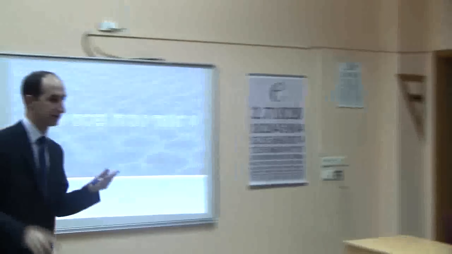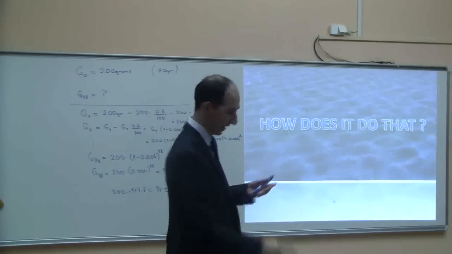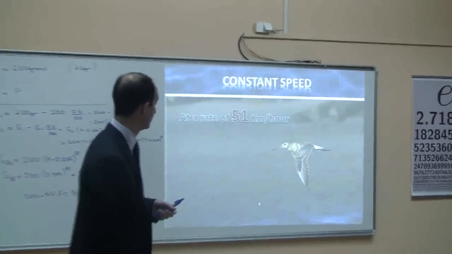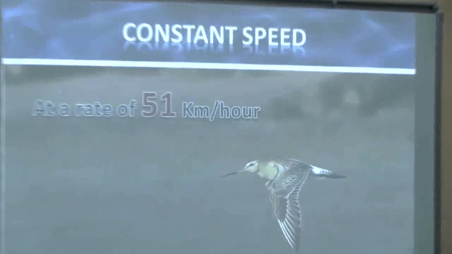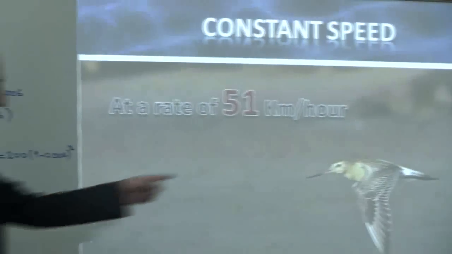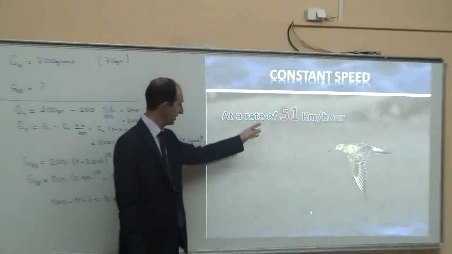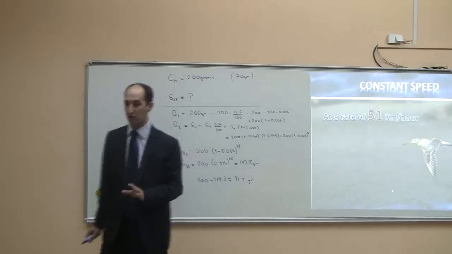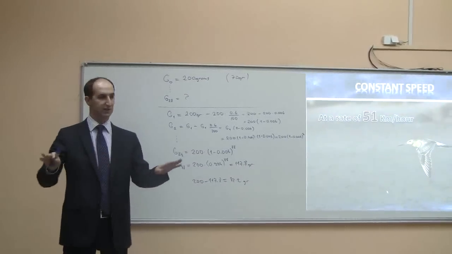But what's that speed? Which speed? The scientists gave us the answer: 51 kilometers per hour. So this bird knows the constant speed, at a rate of 51 kilometers per hour without changing its speed.